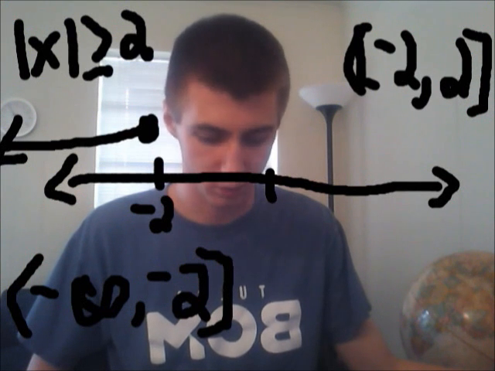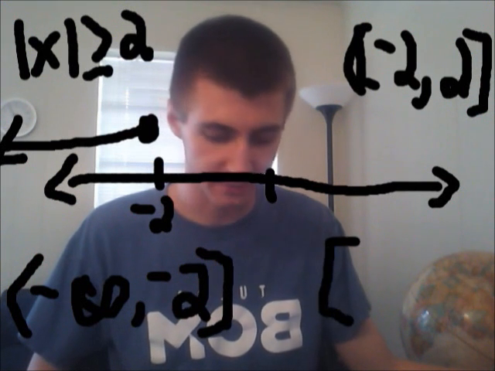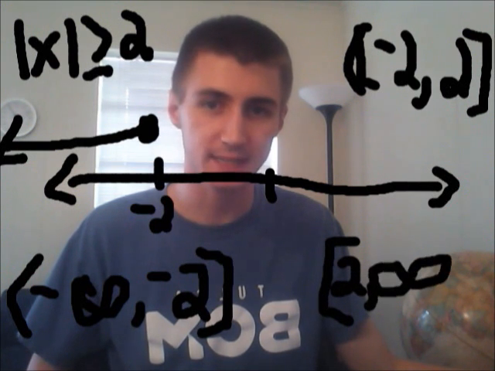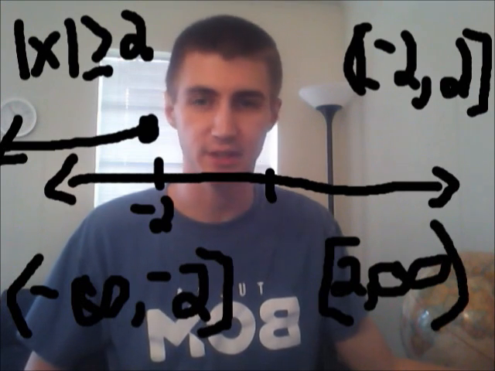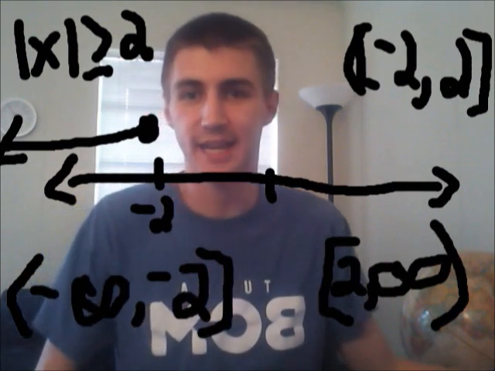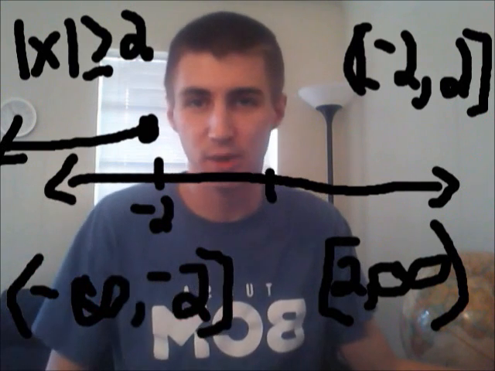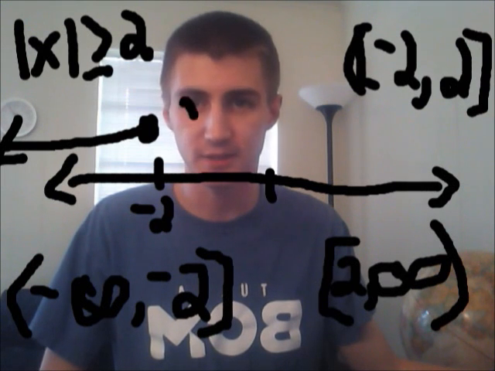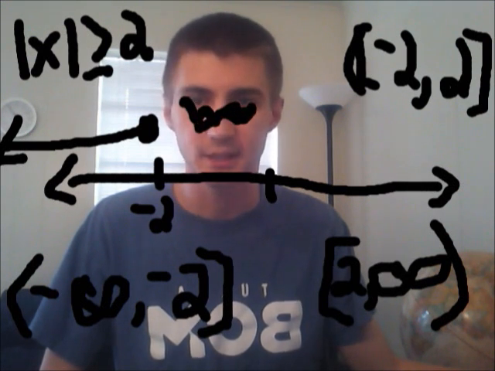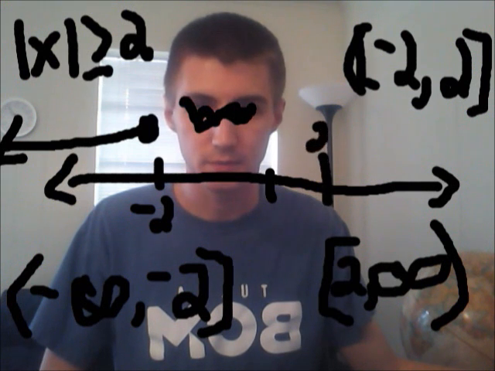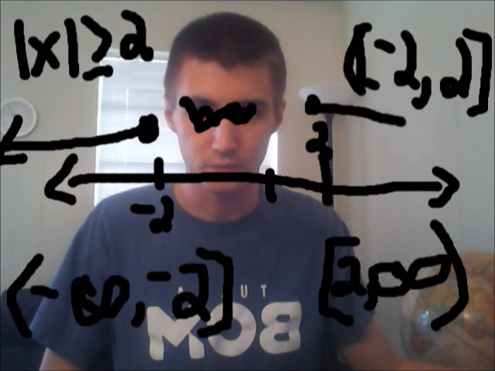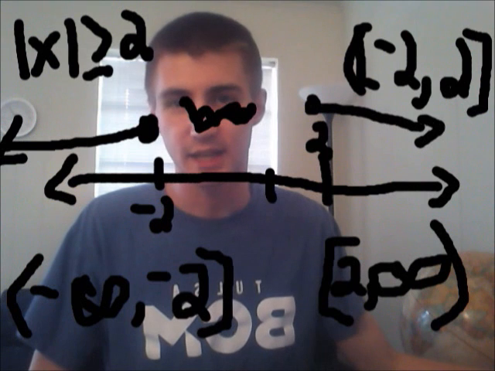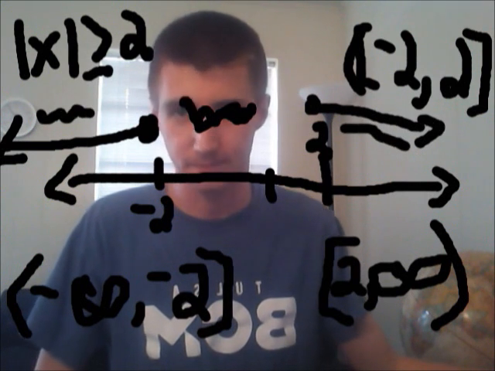Alright, now we got this half of the graph done. Now we're going to do our other half, which is 2, +infinity. And put a parentheses there to show that's open-ended, goes on forever. So now we have both of these two sets. In the same way, this represented our old set of all this in here, this represents all this up here, and this represents all this up here.